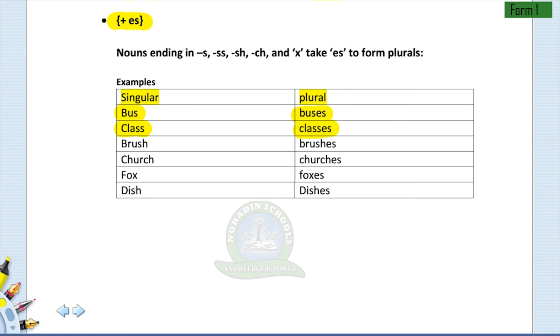Brush, brushes, we add es. Church, churches, we add es to form plurals. Fox, foxes, we add only es. Dish, dishes, we add es to form the plural.